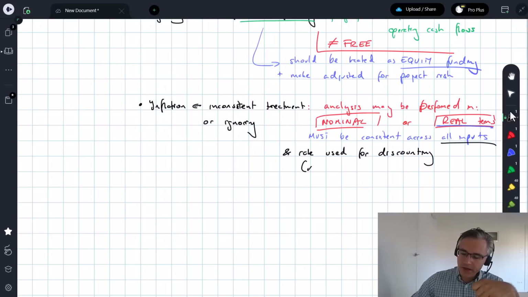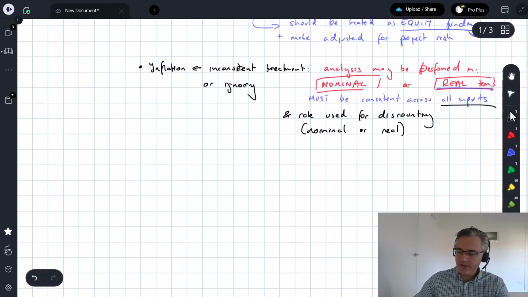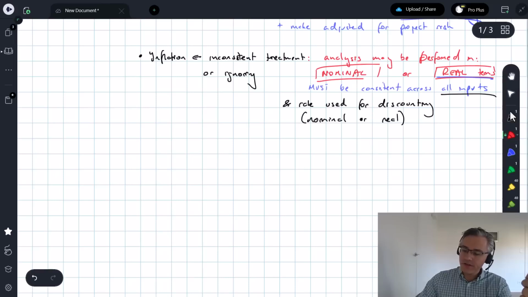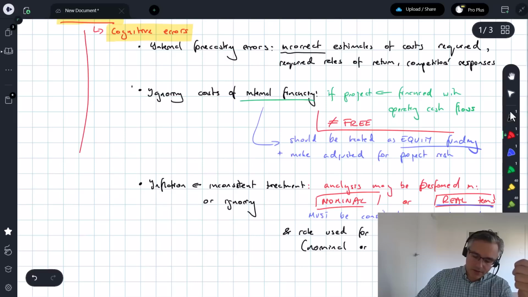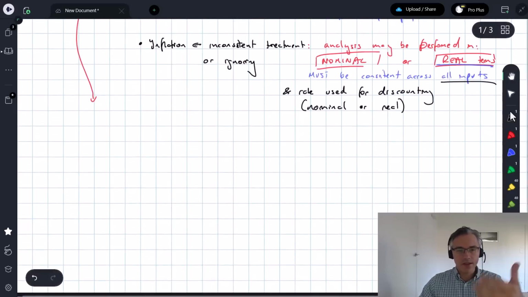It should also be either nominal or real, including the effects of inflation, or with inflation stripped out of it. Obviously the choice will depend on what terms you're doing the analysis in.